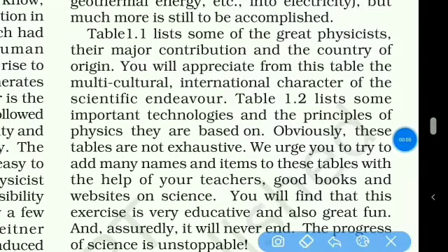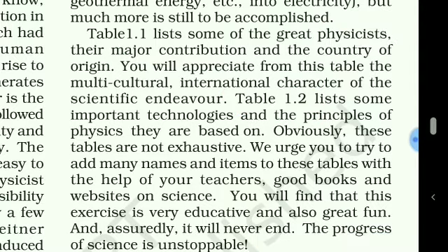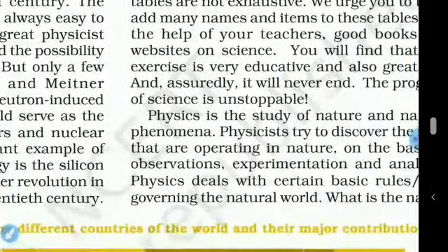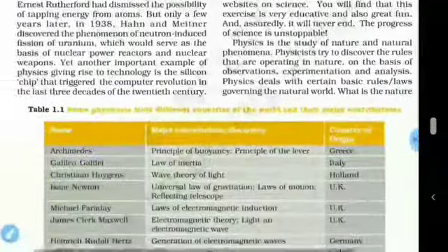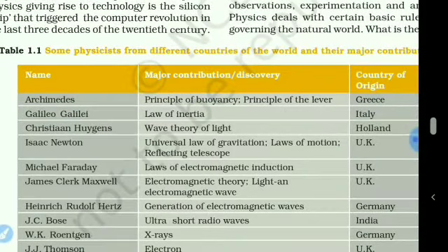For this type of development in physics and technology, many physicists have made a major contribution. Some of the inventions are given in table number 1.2. The inventions, the names of the scientists, and which country they are from are all given in this table.